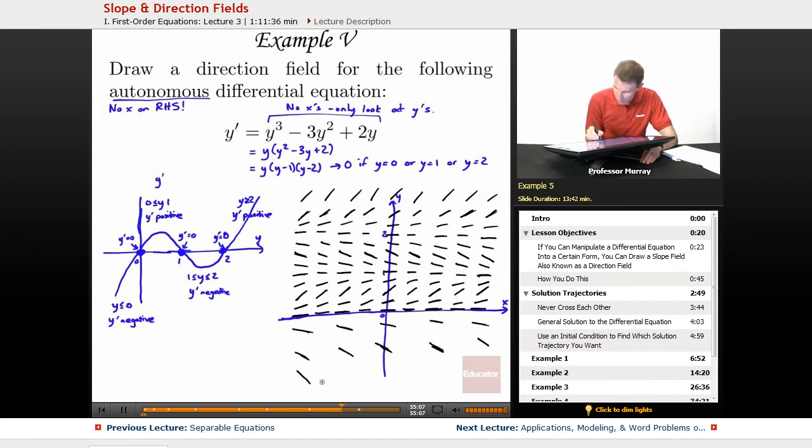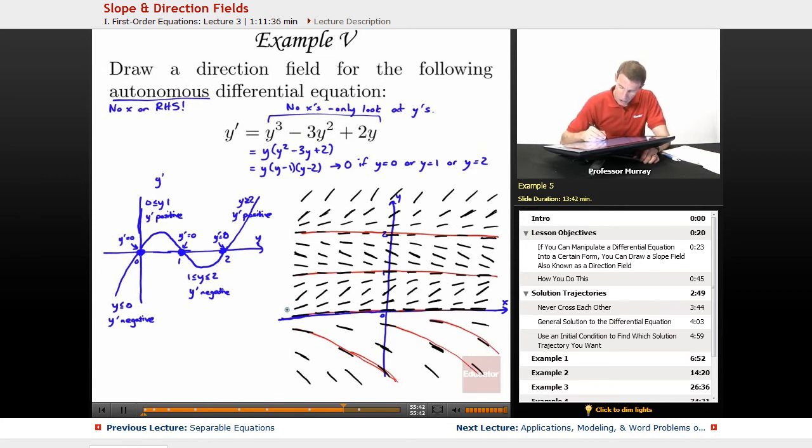And over in the negative range, they're getting steeper as well. So it's a little hard to make sense of all this, but I see that I've got a couple horizontal lines that can help me inform all the other solution trajectories. I've got these horizontal lines here, and then in between these horizontal lines, on the regions below, everything seems to be sloping down.